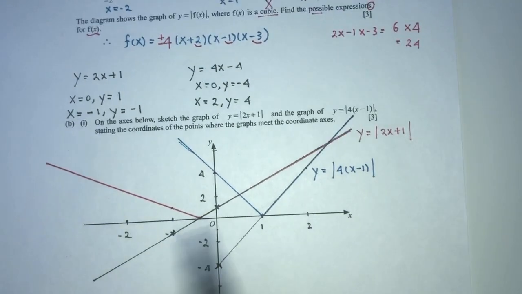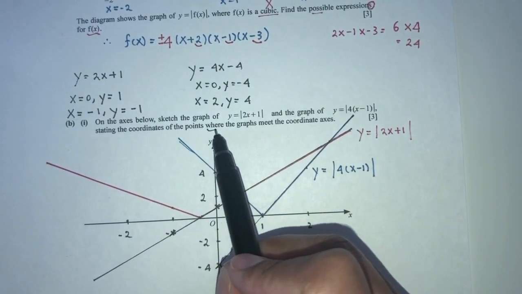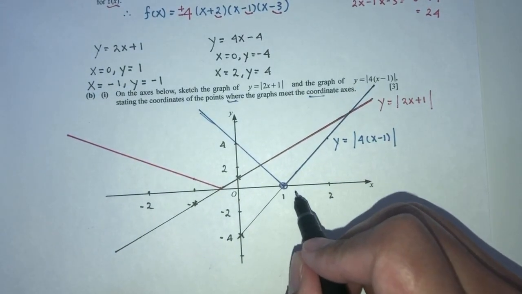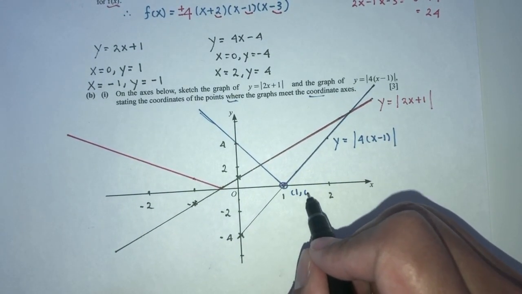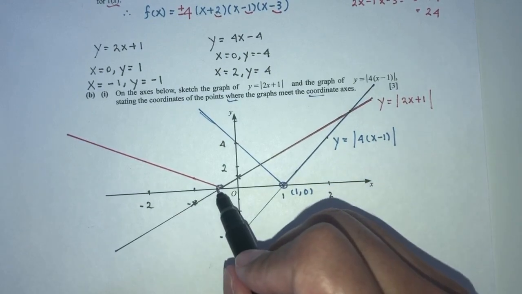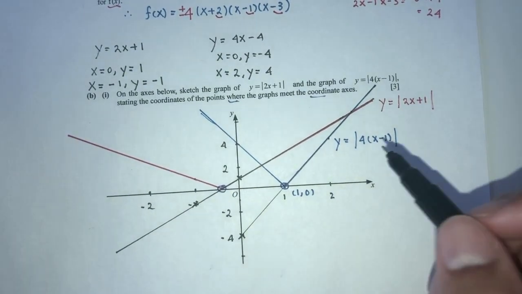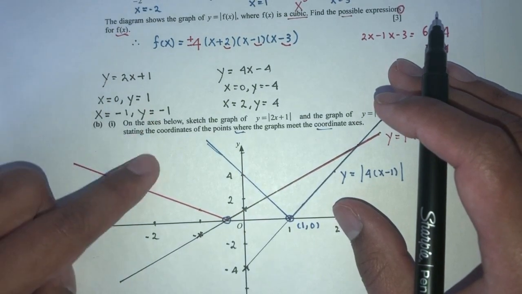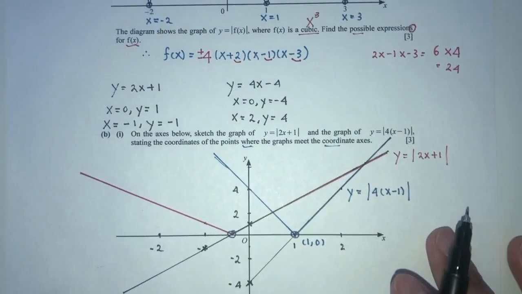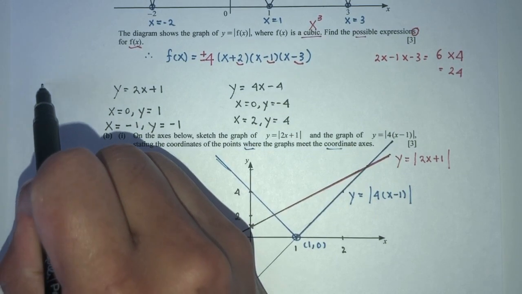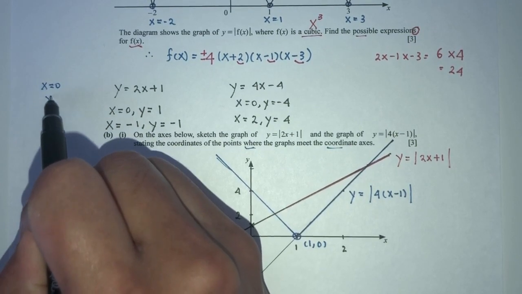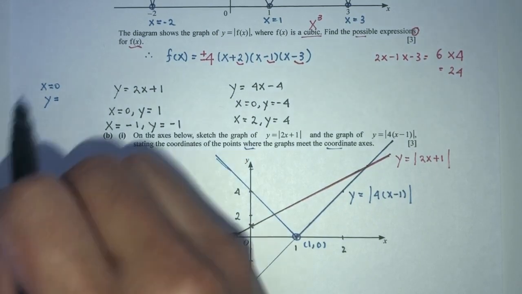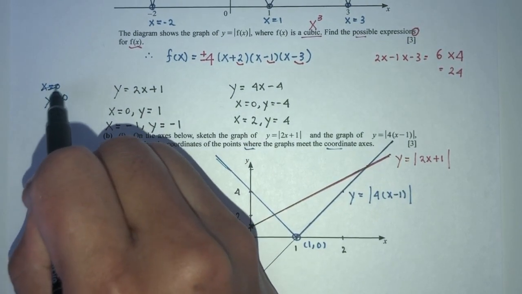Here you go. Now we have to state the coordinates of the point where the graph meets the axis. As you can see, this is the point 1, 0, right? On the x-axis, sorry, it is on the x-axis when y is 0, I apologize.